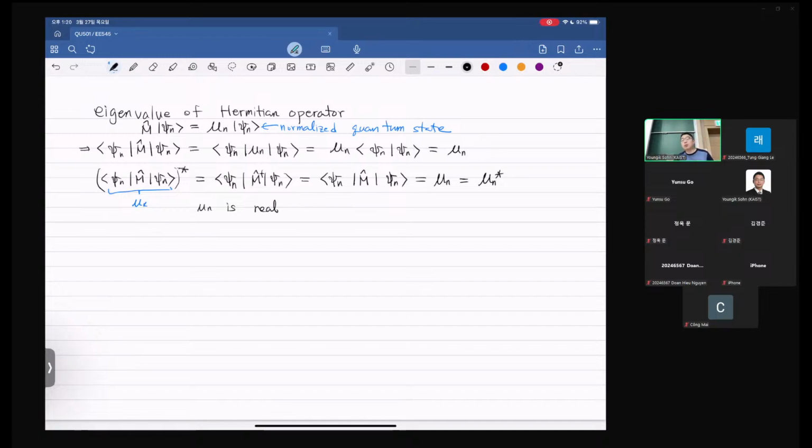Okay, a Hermitian operator's eigenvalue is supposed to be real. So your eigenvalue is going to become a real number. Actually, you can prove it in both ways, so actually, if and only if.